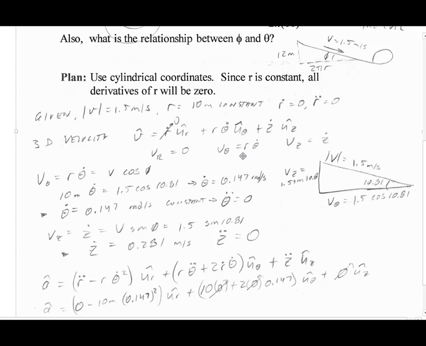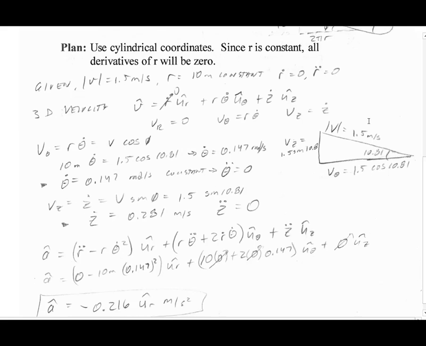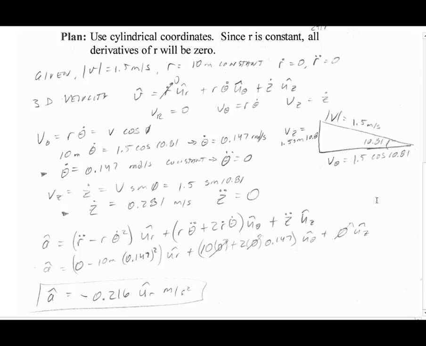Velocity in the theta direction is r theta dot, also known as r omega. It's the radius times the angular velocity in radians per second. And our velocity in the z direction is z dot, or dz dt.